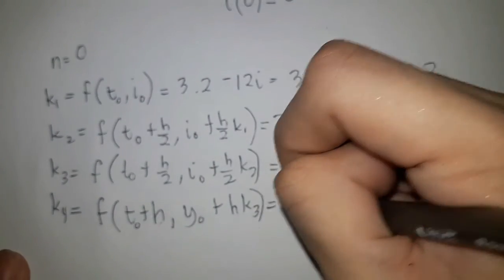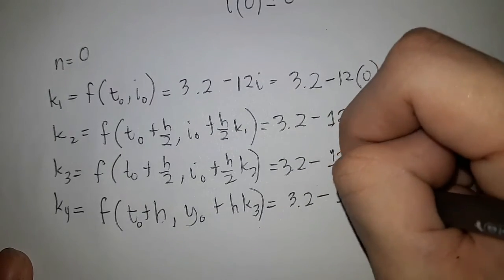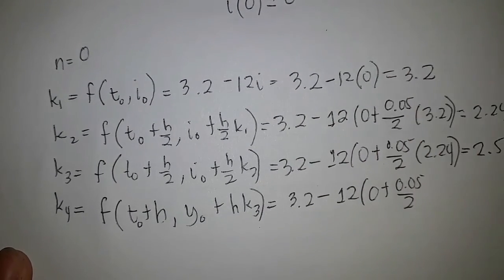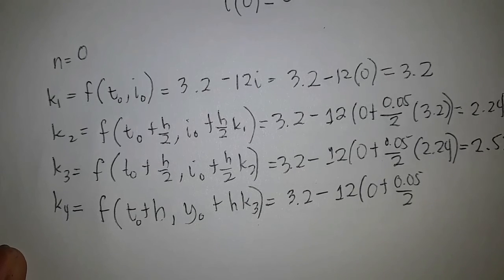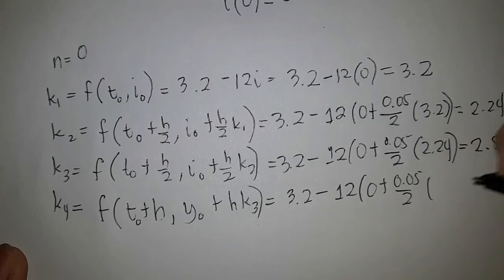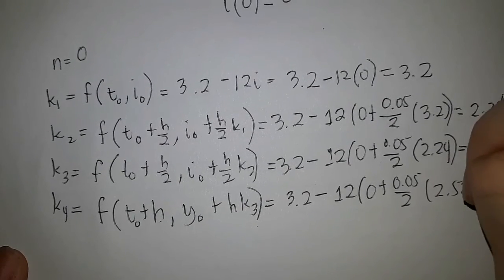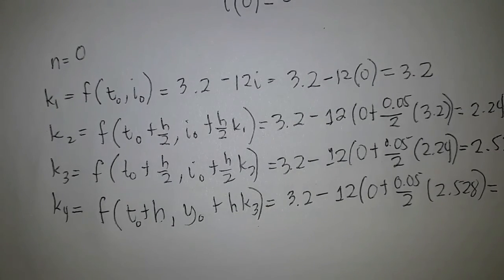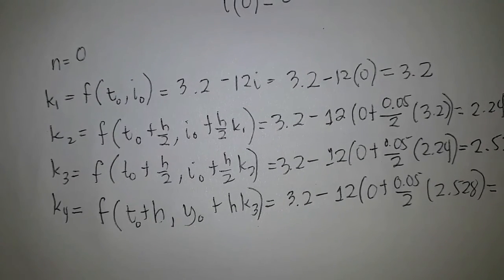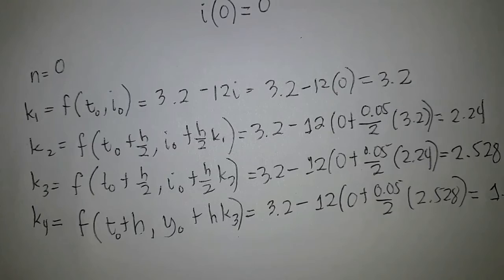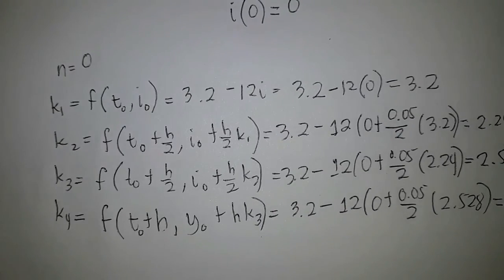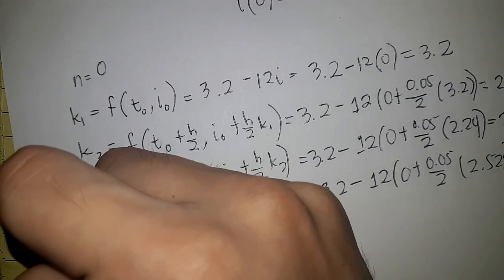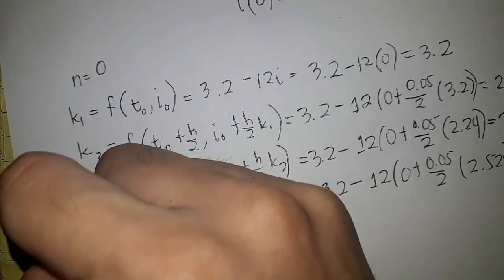So this one is 3.2 minus 12, 0 plus 0.05 divided by 2 times k3, which is equal to 2.528. So this one is equal to 1.6832. So we can now solve for the value of I sub n plus 1.